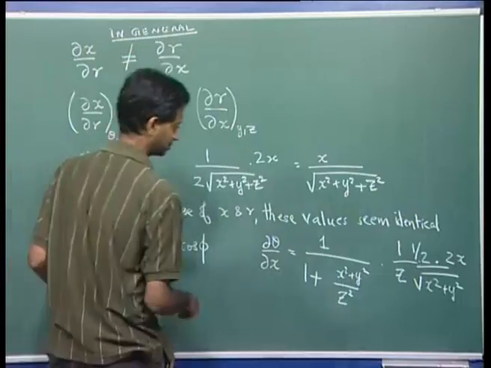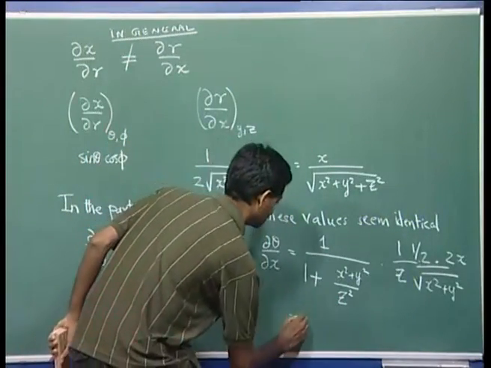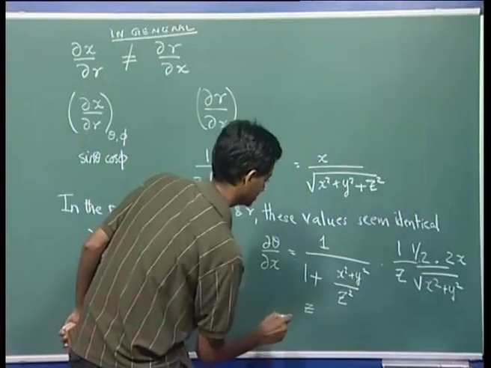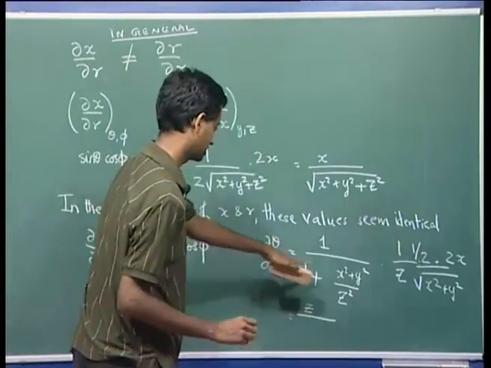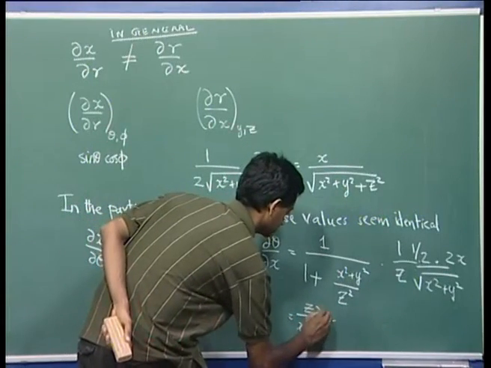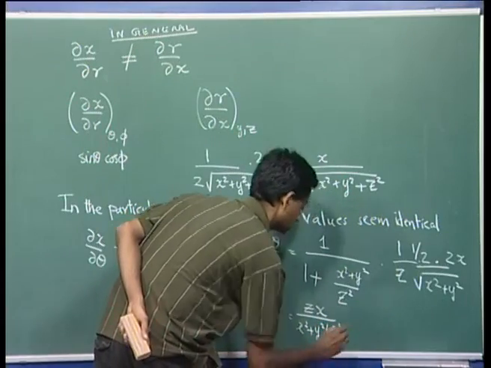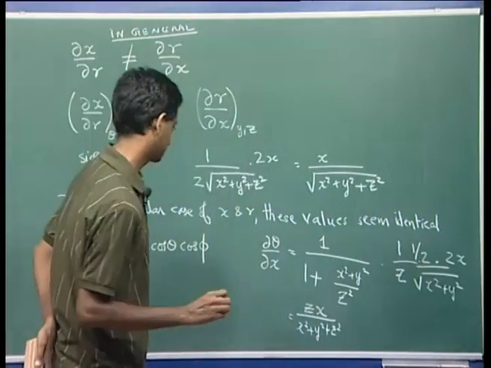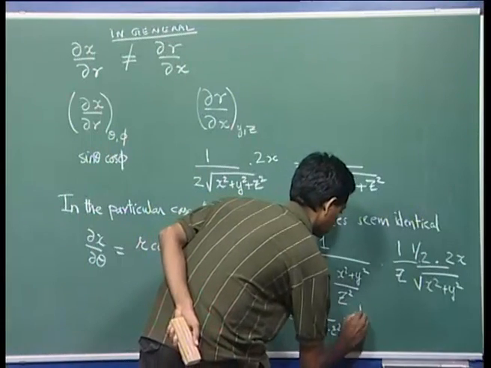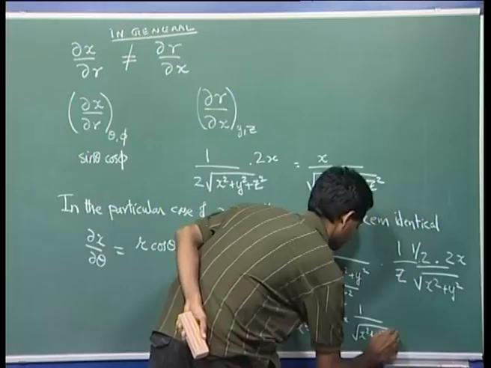Okay. So ∂θ/∂x in this case is equal to z divided by (x² + y² + z²) into 1 over square root of x² + y².